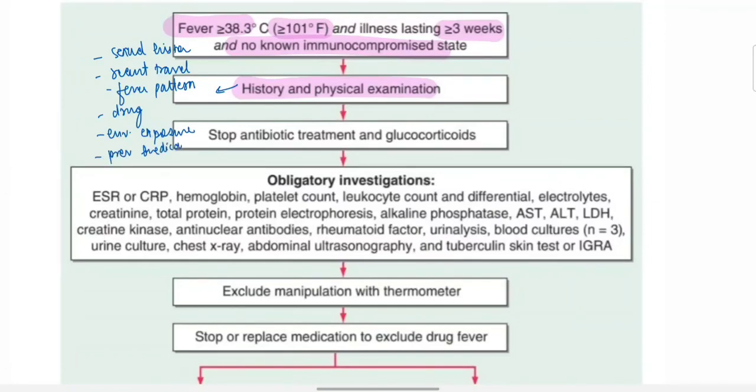These are important histories. Then in physical examination, examination of lymph nodes, spleen, respiratory system, liver, CNS, and CV system is a must.